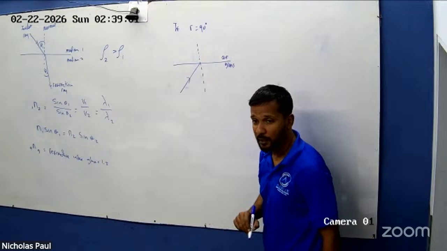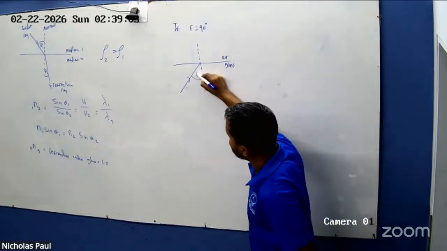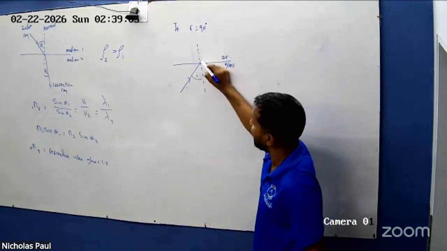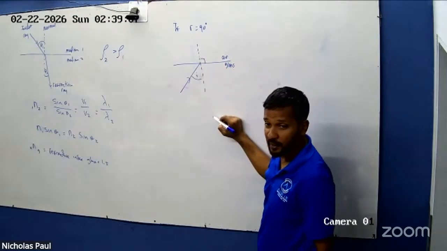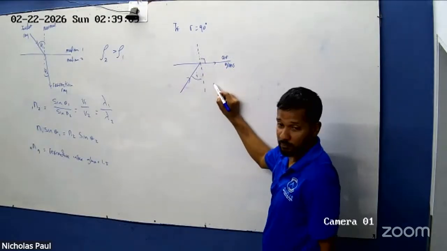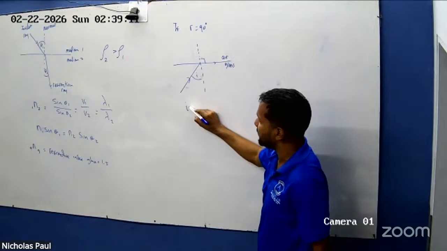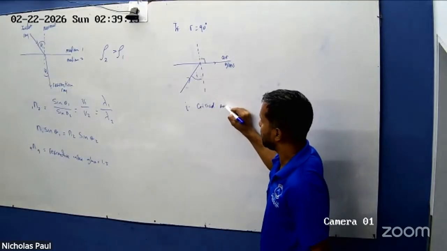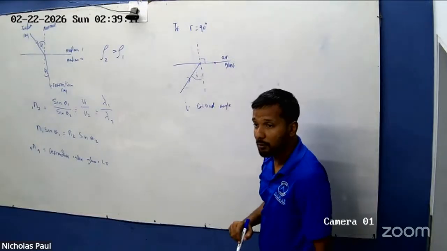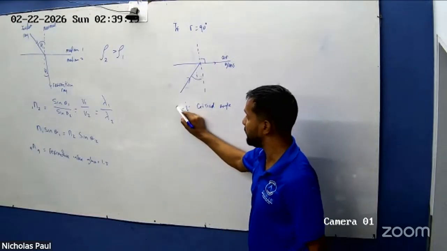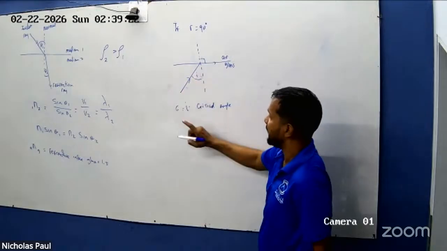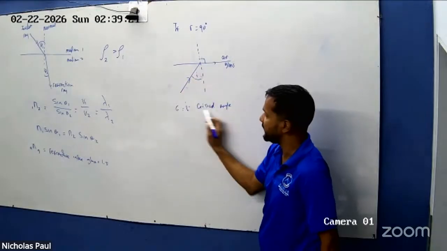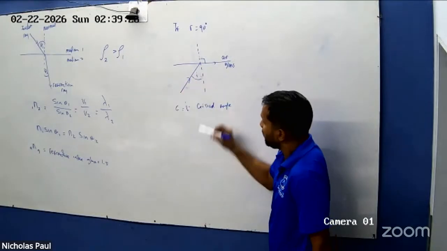Let's say you have an angle of incidence here that gives an angle of refraction of 90, and the ray will travel here. What do we call that angle of incidence? Critical angle. In this case I use r, but the same thing, c is critical. So your critical angle is this.